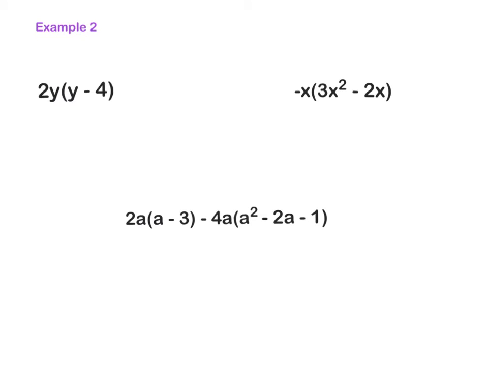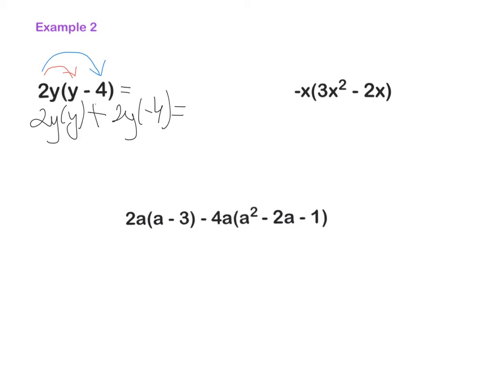So let's start with drawing arrows. So 2y multiplied by y, and 2y multiplied by minus 4. Okay, so we have 2y multiplied by y, and then plus, 2y is positive, so we need to write down plus 2y multiplied by minus 4, okay?